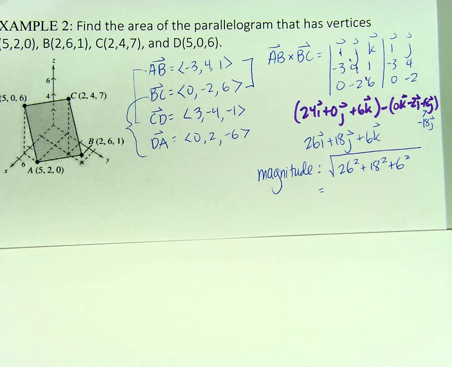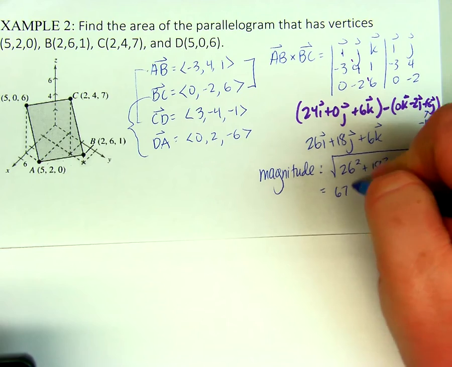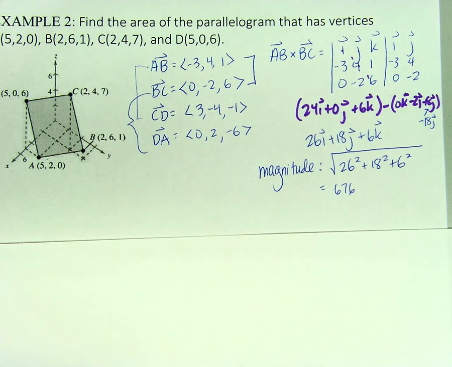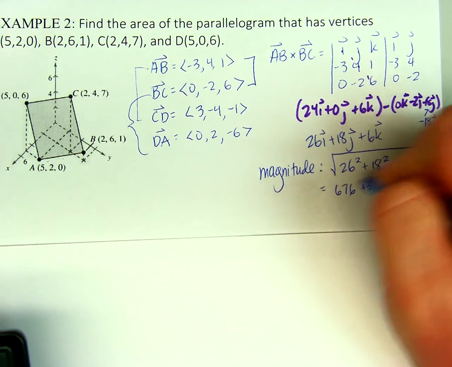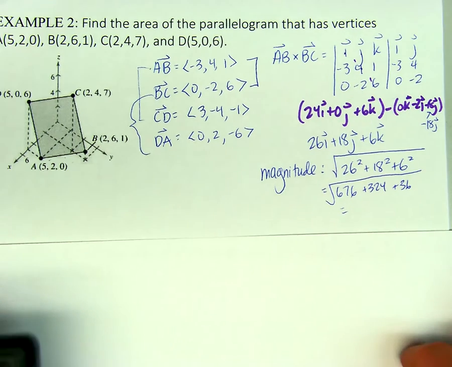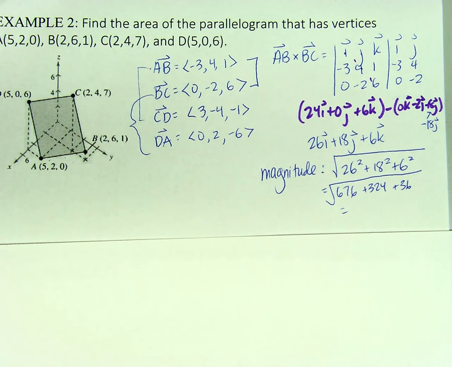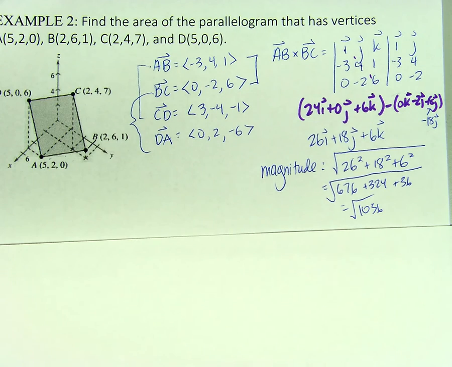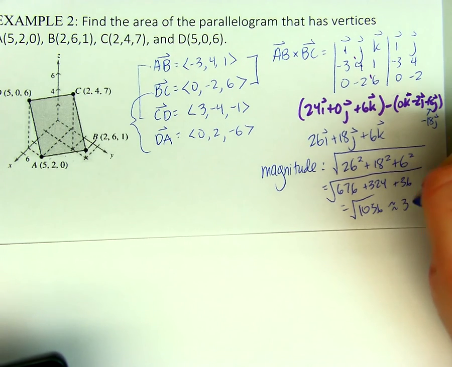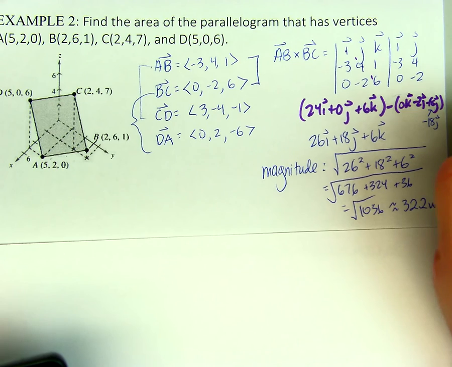All right, 26 squared is 676, 18 squared is 324, and then plus 36, and then I'm going to square root those, and that will be the area of this parallelogram. So about 32.2 square units.